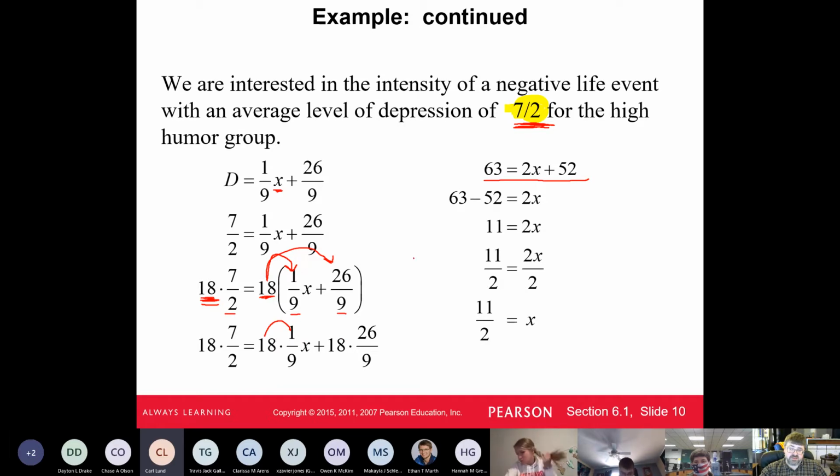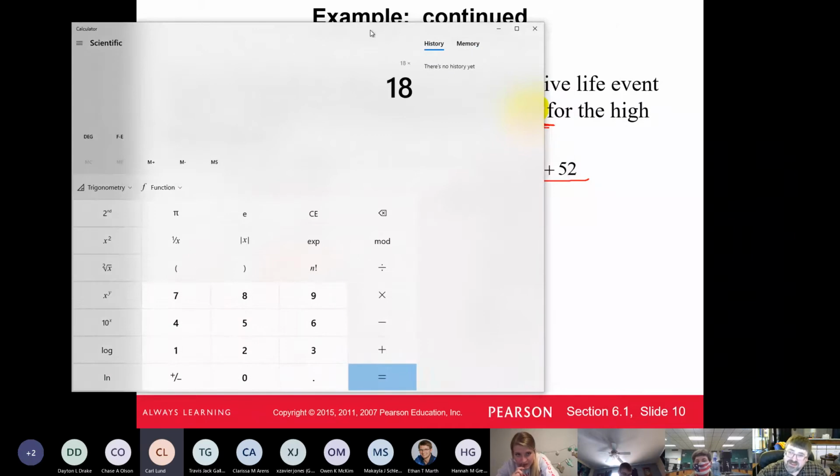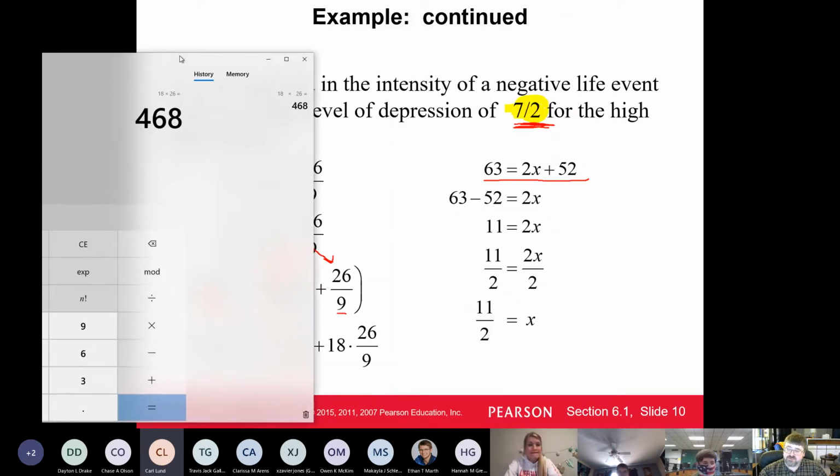And so 9 goes into 18 2 times, so we get 2x here. And then 18 times 26 is 104. No, it's not 104. 18 times 26 is not 104. It's 468, which divided by 9 gives us this 52 right here.